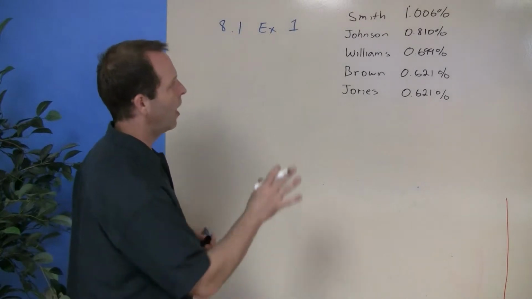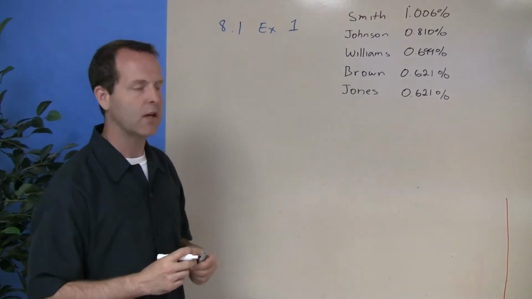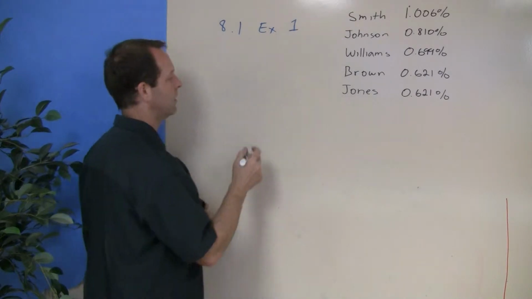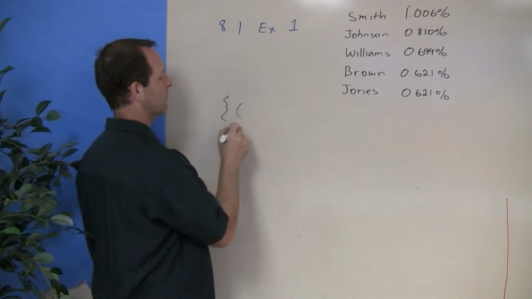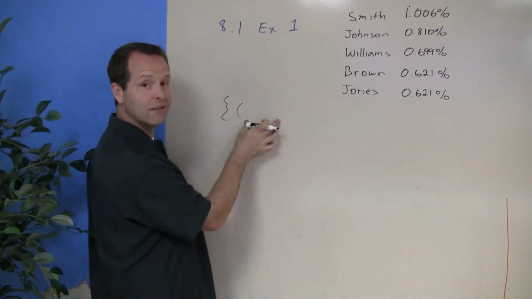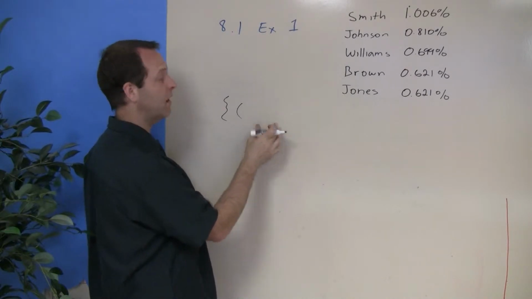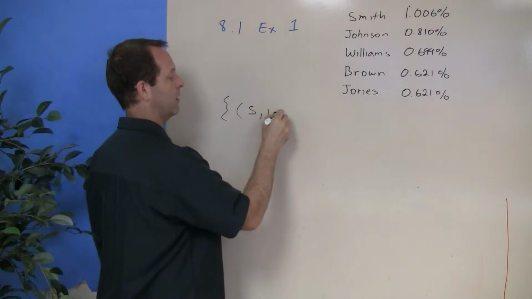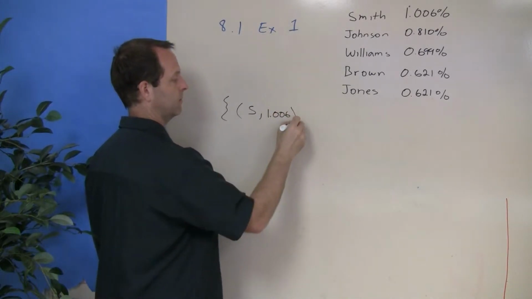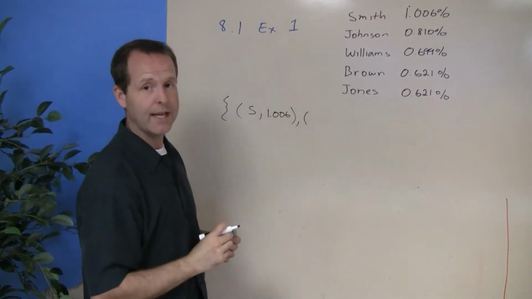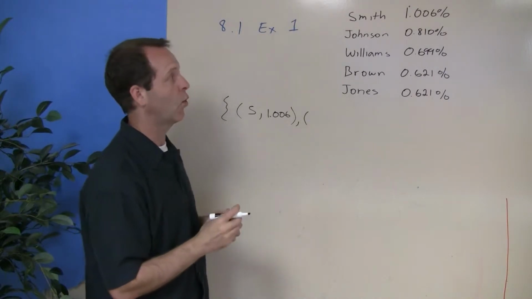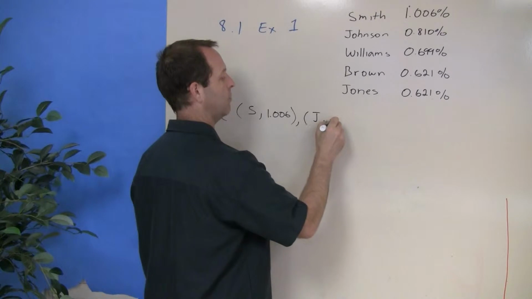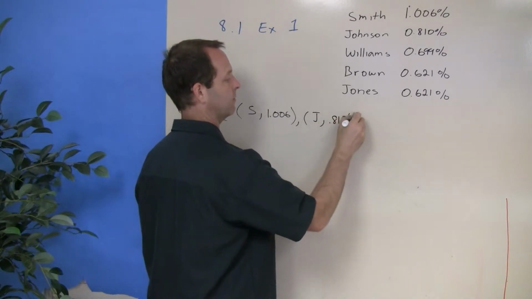Well, what we're going to do is write those relations out and introduce 2 terms to you. I'm going to rewrite these in a little bit of set notation, and I'm going to abbreviate these names so I don't have to write them all out. So my first ordered pair, or my first relation, is S for Smith and 1.006. I have another relation that I can also write as an ordered pair, and that's Johnson at 0.81%.